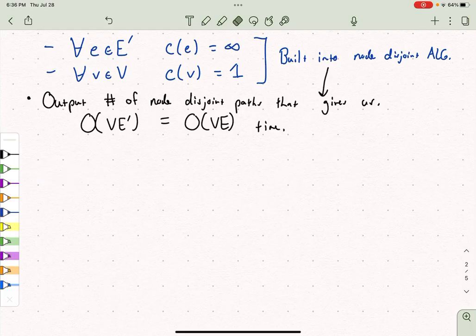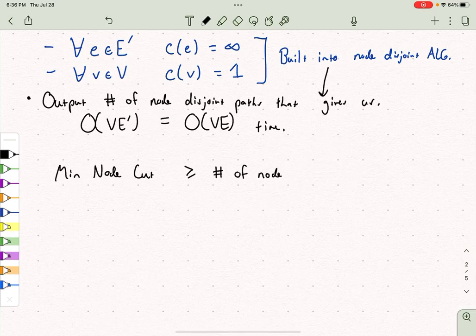So let me rephrase this differently. We want to prove that the min node cut is at least the number of node disjoint paths. So why is this? Well, just assume you had a bunch of node disjoint paths. So it looks something like this.